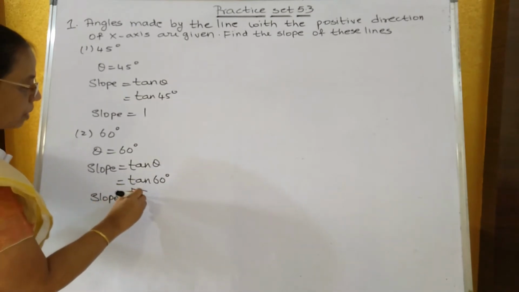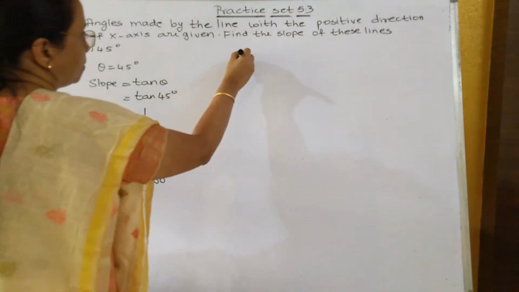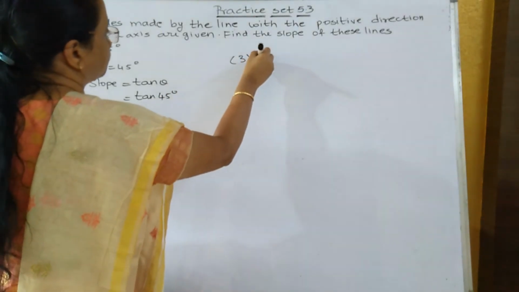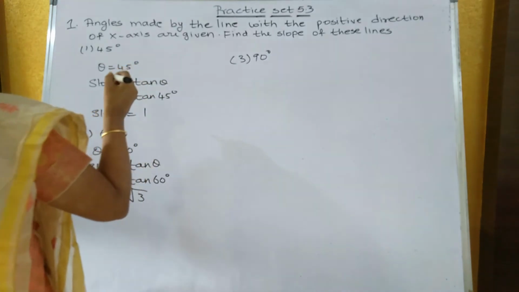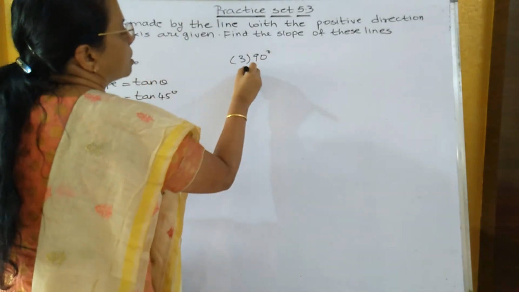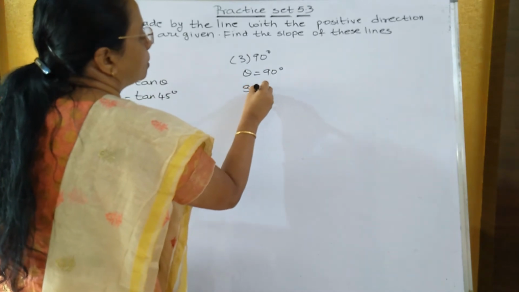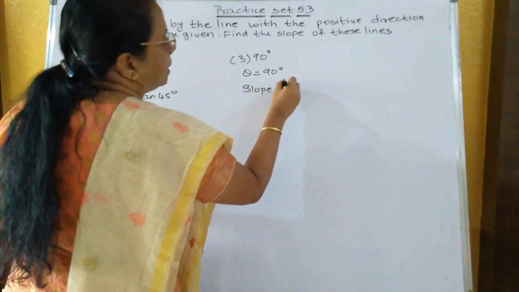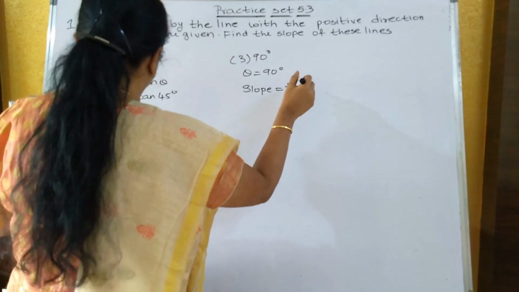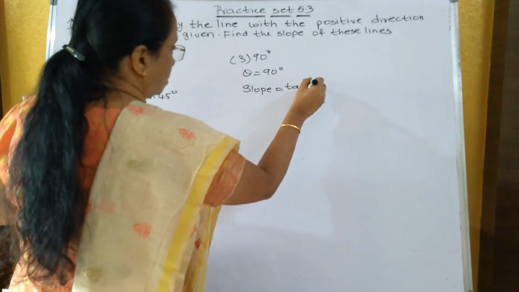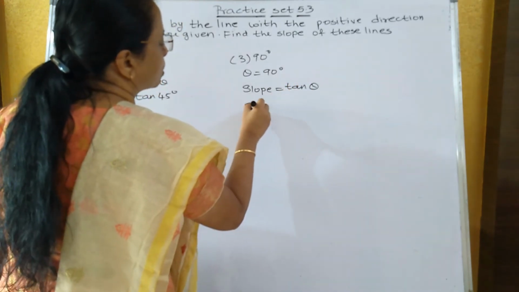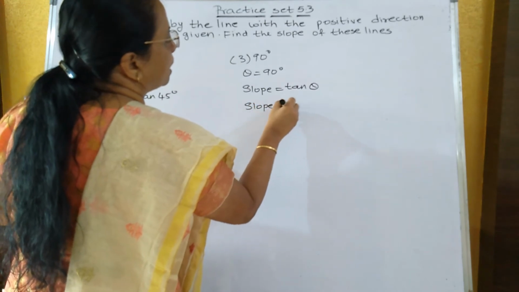Now the third one, they have given 90 degrees. Theta is equal to 90 degrees. Slope is equal to tan theta, that is slope is equal to tan 90 degrees.